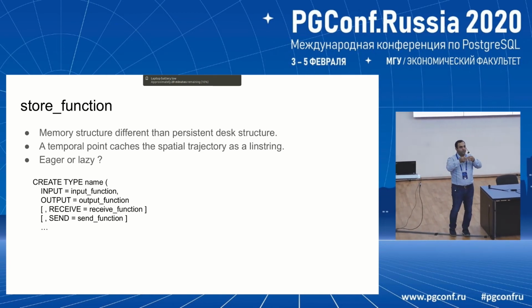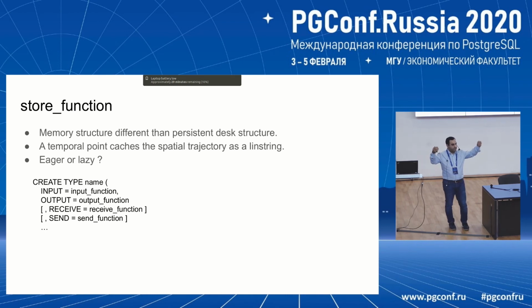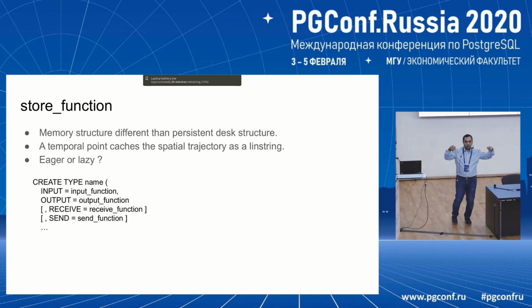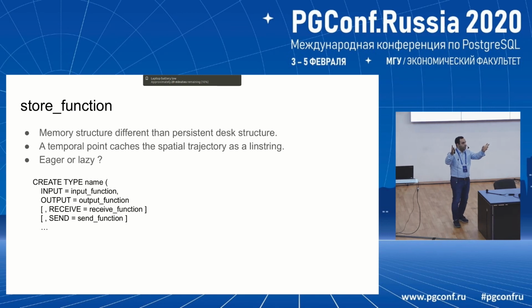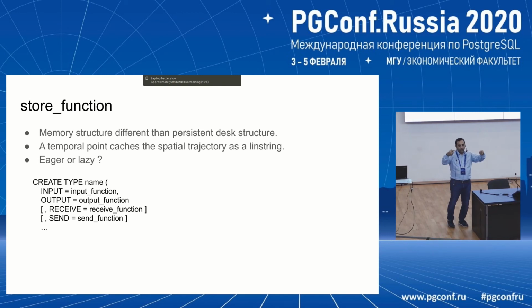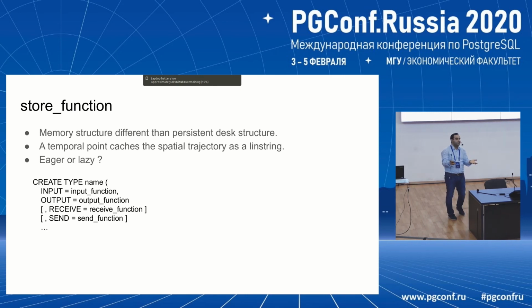We want to pre-cache the spatial trajectory with a temporal object in order to be able to do spatial operations faster. But then every operation that changes the trajectory, for example, cutting a piece of it or adding a piece to it, will have to recalculate this cached trajectory, which might not get used.